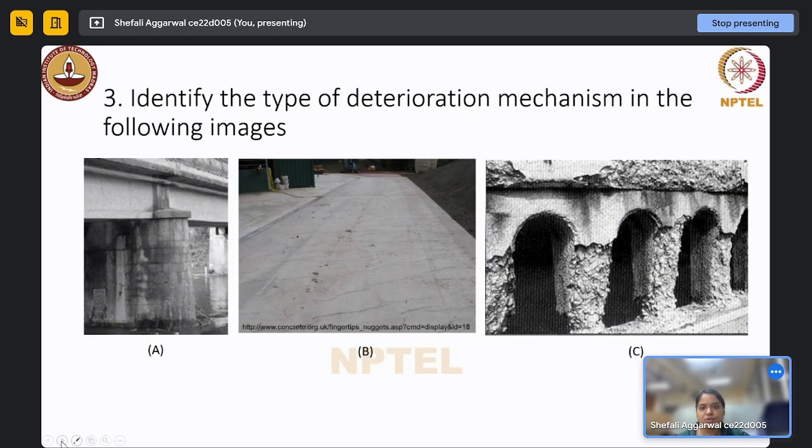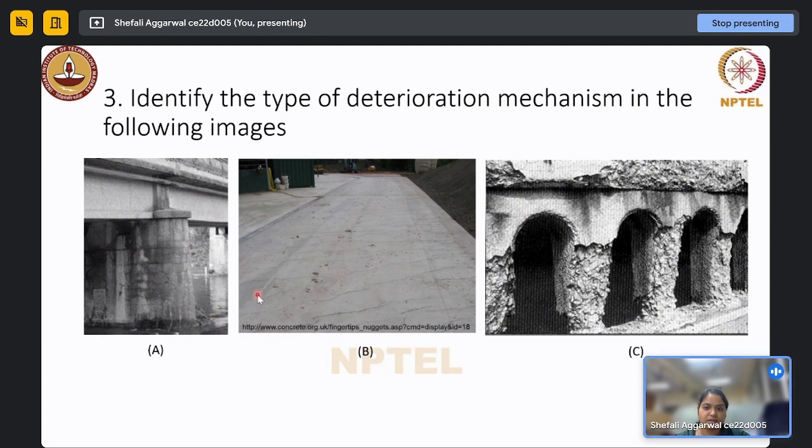Okay, so identify the type of deterioration mechanism in the following images. One person can give the answer for each option. What can be the reason for this type of cracking in concrete? Alkali silica reaction. ASR. Right.